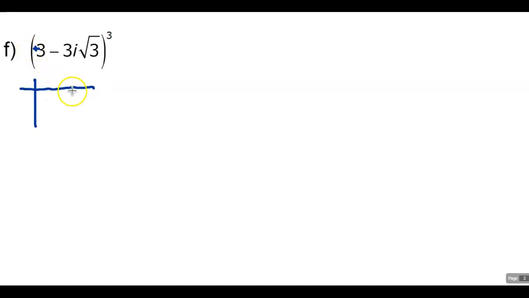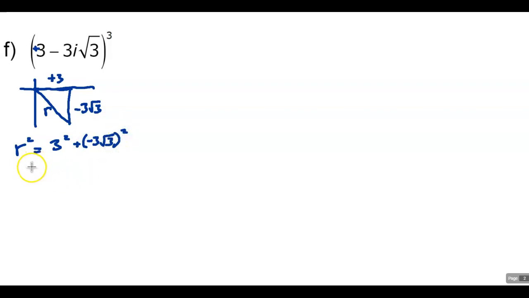So we're going to be at positive 3, down 3 root 3. Remember, don't include the i here. And then we just have to find what this radius is. So R squared will equal 3 squared plus negative 3 root 3 squared.